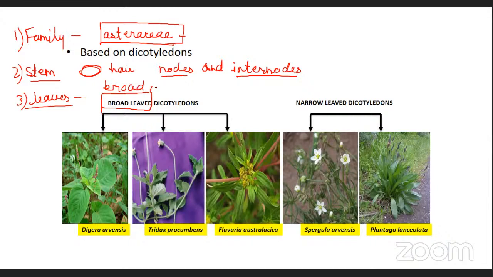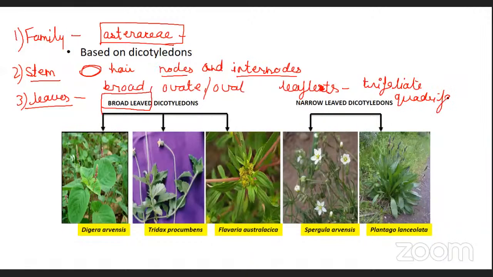They are usually ovate or oval in shape, and there are leaflets. These leaflets are usually trifoliate or quadrifoliate, meaning at one node you have this type of leaf structure.